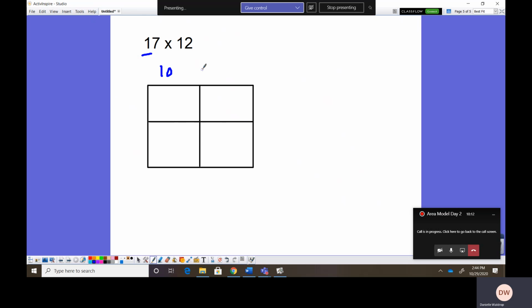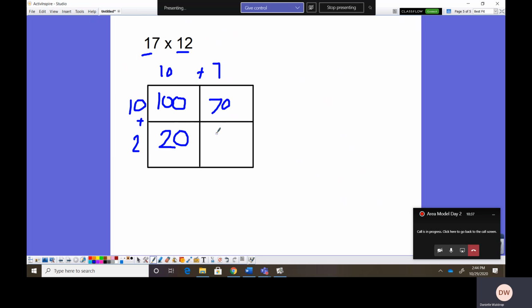17, you should have 10 plus 7 up here at the top for your expanded form. And 12, you should have 10 plus 2 over here on the left side. For your partial products, 10 times 10 would be 100. 7 times 10 you should have had 70. 10 times 2 you should have 20.